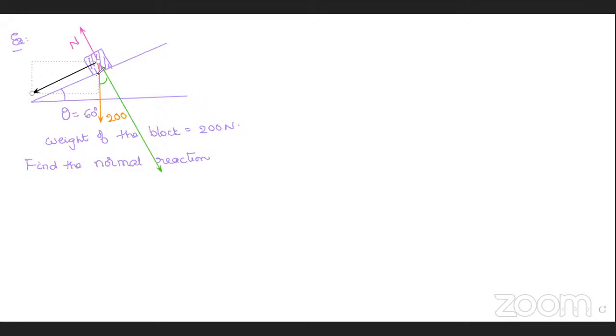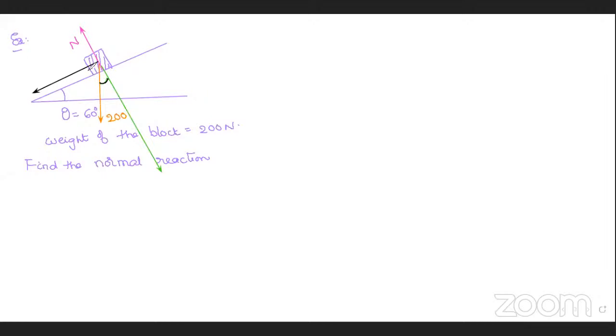This is called resolving a vector into two components. I think you know this from the vectors chapter. But the only thing is, how much is this angle, Nana? If it is 60, it is 90.